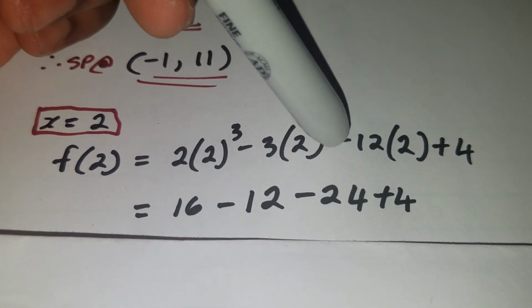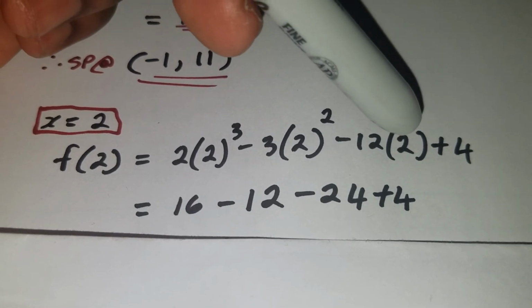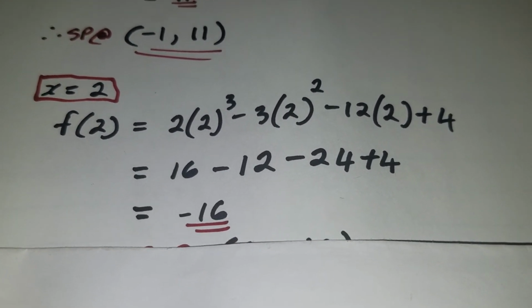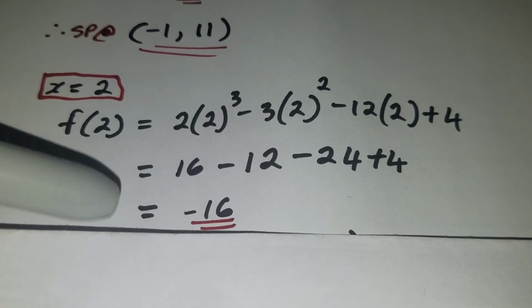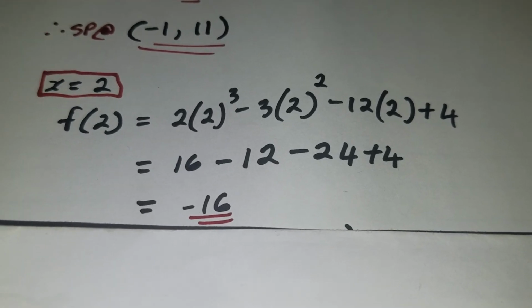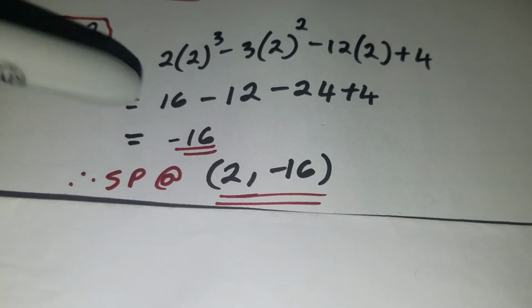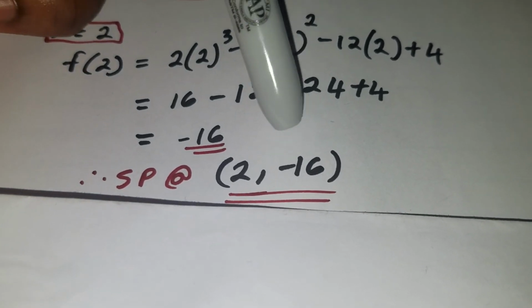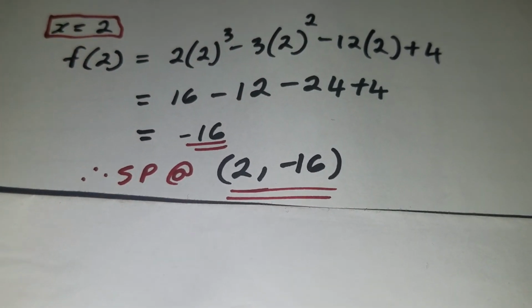And 2 times negative 12 will give us negative 24 plus 4. So we have 16 minus 12 minus 24 plus 4, and will give us negative 16. So therefore, when x is 2, the y value will be negative 16. So therefore, this other stationary point would be 2, negative 16. Remember, x is 2, y is negative 16.